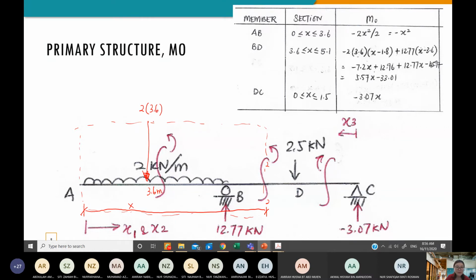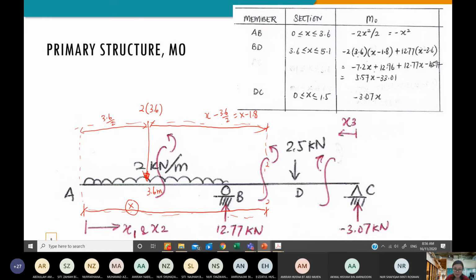Then the distance to the cut section will be X minus 3.6 divided by 2, because the total length is X. 3.6 divided by 2 is 1.8, so I will just directly put x minus 1.8. Now I get the value.